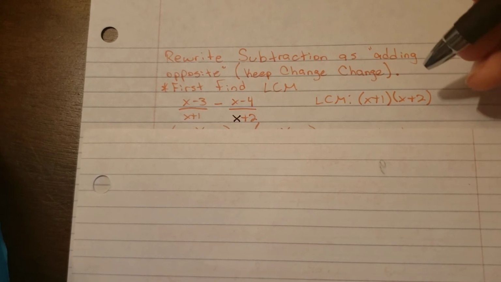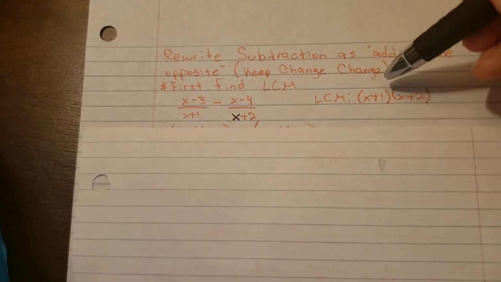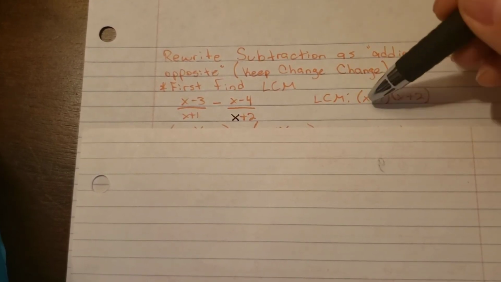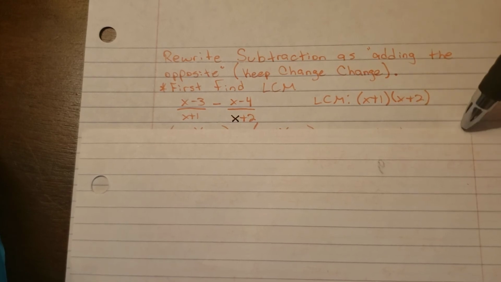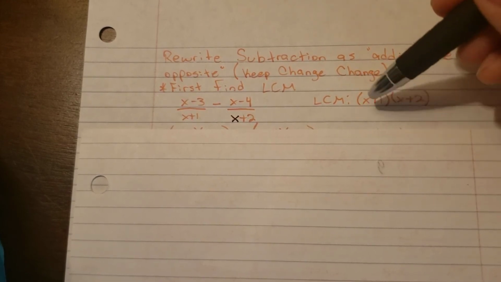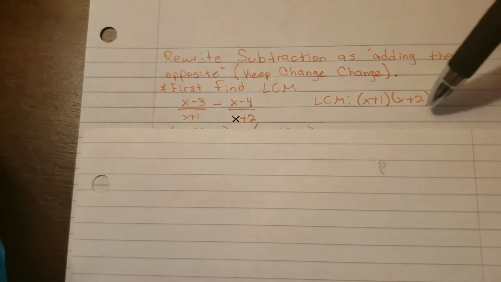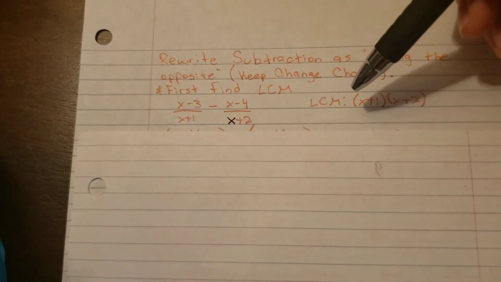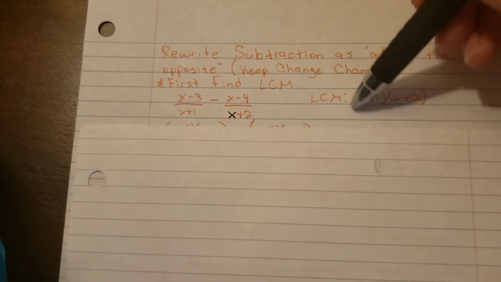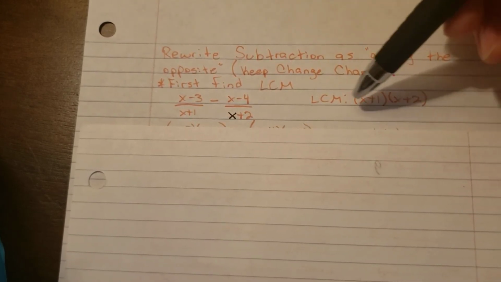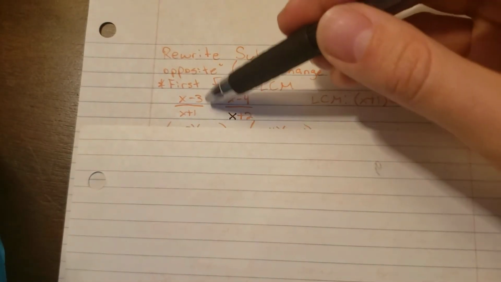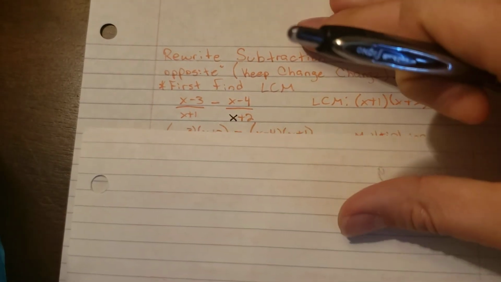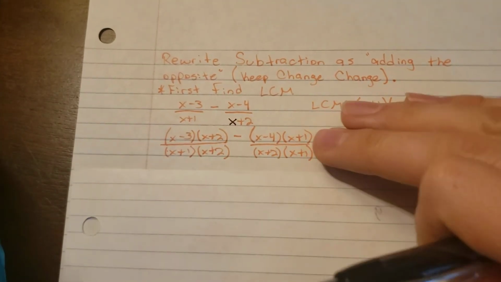There. Now, notice what I didn't do is I didn't FOIL this and multiply it all the way out. So this one, I need to multiply both top and bottom by x plus 2. And just the opposite for this guy. I need to multiply both top and bottom by x plus 1, right? That'll give me the same denominators, and then I can add or subtract. So I've done that here.